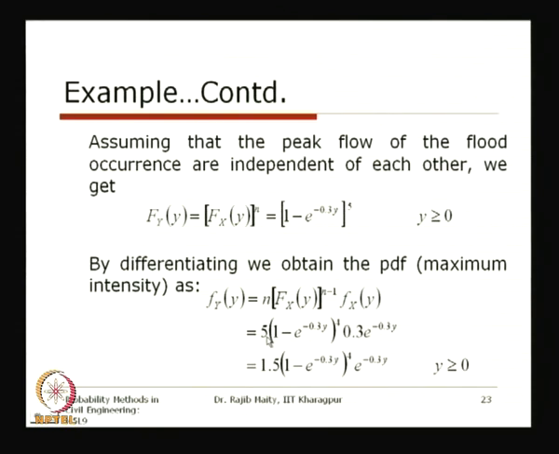Here n is 5, F_X(y) is the CDF, 1 minus e^(-0.3y), with λ as 0.3, raised to the power n minus 1, which is 4, and the PDF is 0.3e^(-0.3y), that is λe^(-λy). So, expressing this: 1.5 (1 minus e^(-0.3y))^4 e^(-0.3y) for y greater than or equal to 0. So this is the distribution for the maximum peak flow.